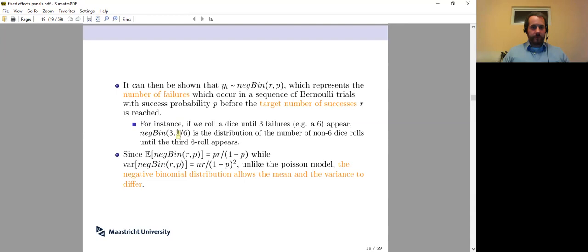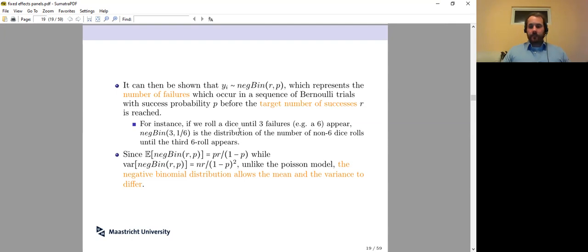Sorry, this should actually be 5 over 6 because it's the success probability. Sorry, I have to fix that. So we are kind of rolling a dice until the third 6 appears. And the negative binomial would give us the distribution of the number of rolls that we will likely have, so it gives us a probability, for instance, for 10 dice rolls or 12 or 200.